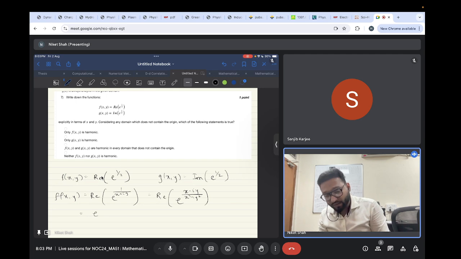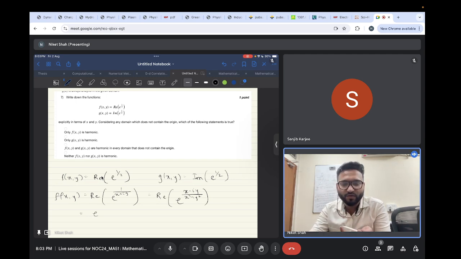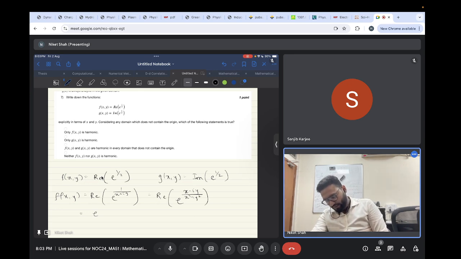So now I normalize this and split it into real and imaginary. That's what I want to do because I want to just take the real part. F of x comma y is just the real part of this function, right? So maybe let's not put the real part first. Let's just see what this function gives us, right?